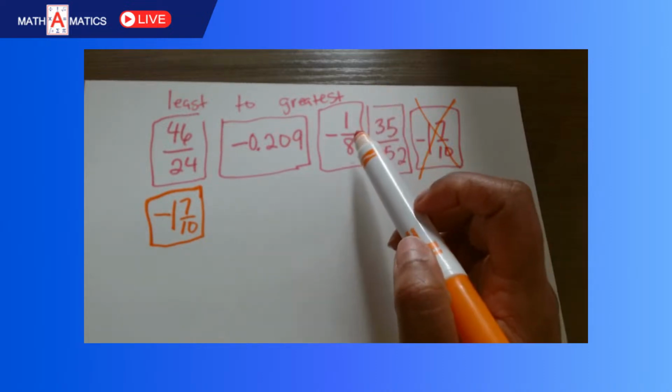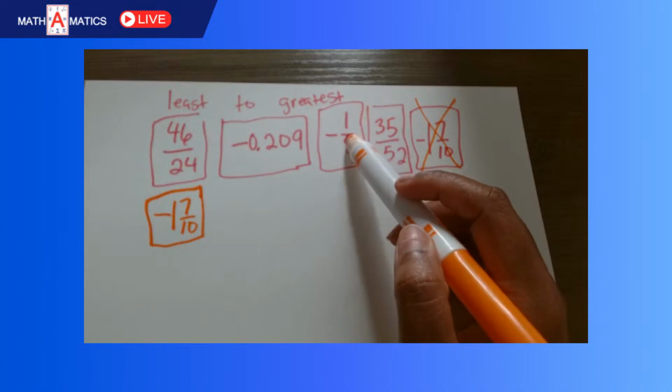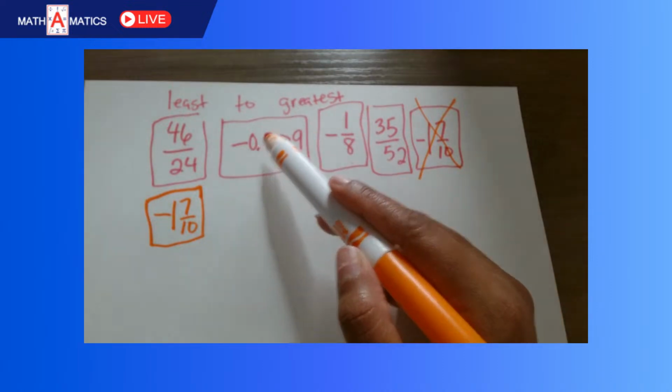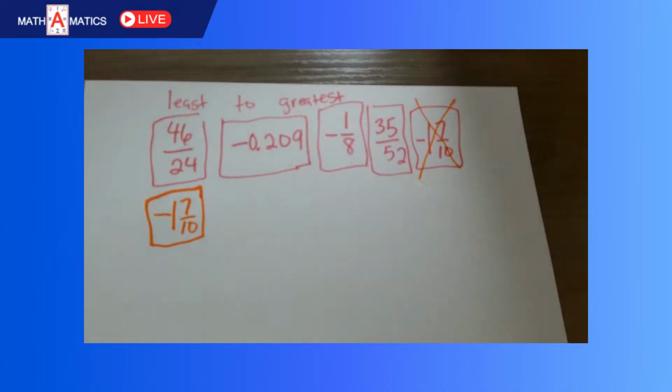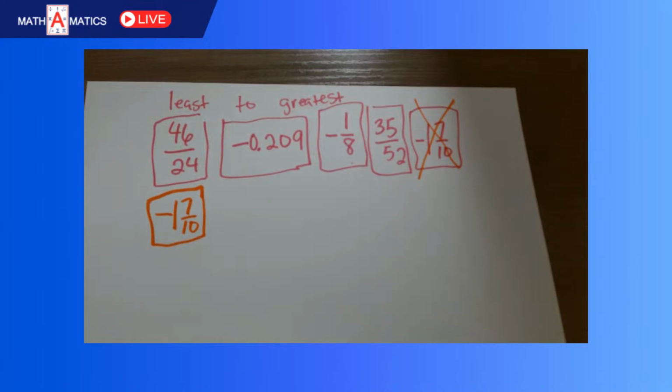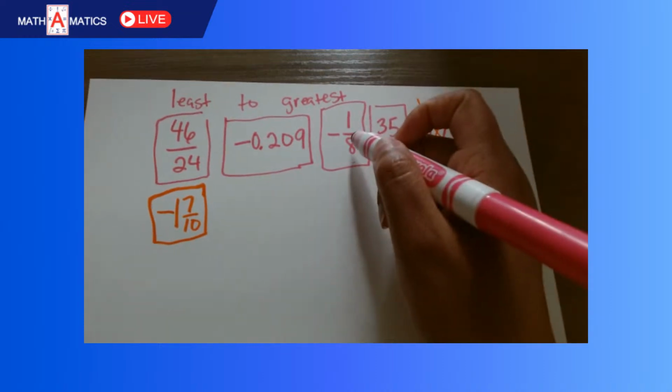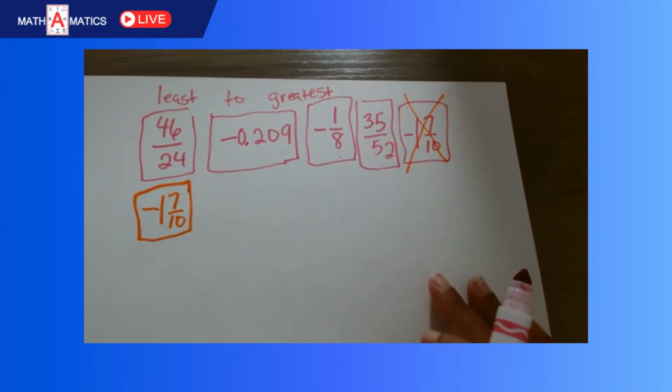So we want to figure out which one is smaller, negative 1/8 or this negative 0.209. For questions like these, you're using math in the computational sense, but you are also using your reasoning skills. So let's turn this negative 1/8 into a decimal.